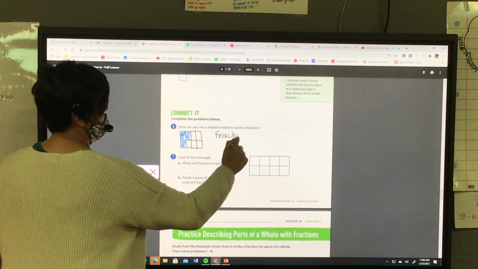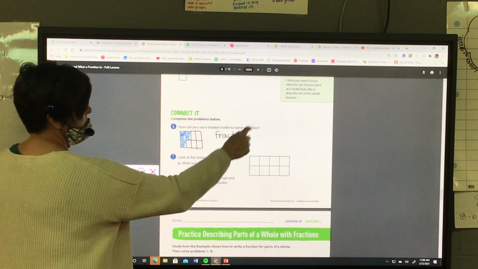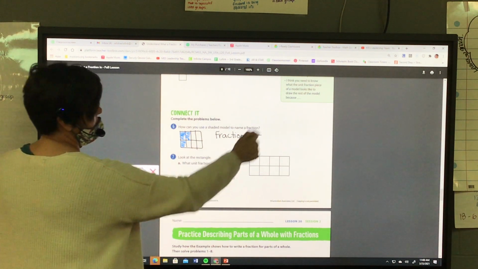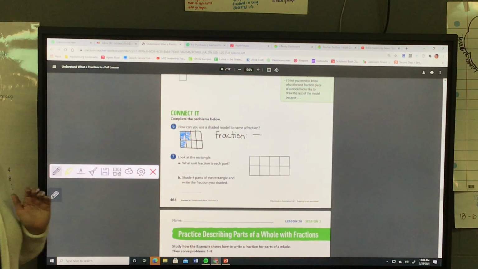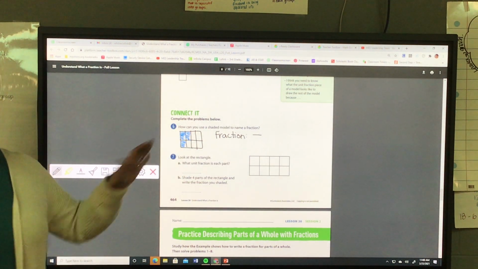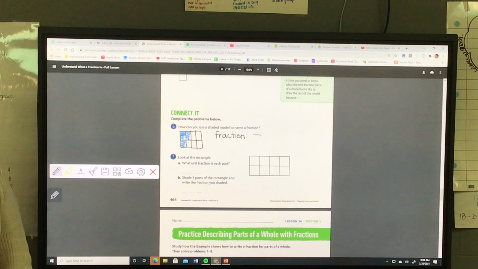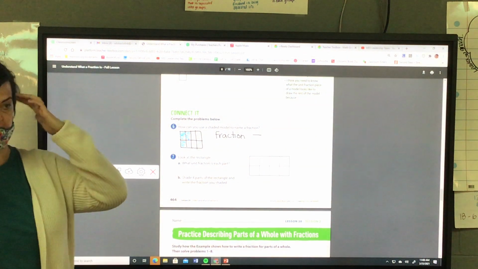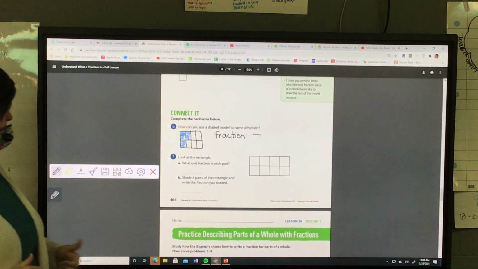You don't have to write the word fraction, but I want you to create the fraction of what you just created there. If you want to do that right now while your mind is thinking that, go ahead.